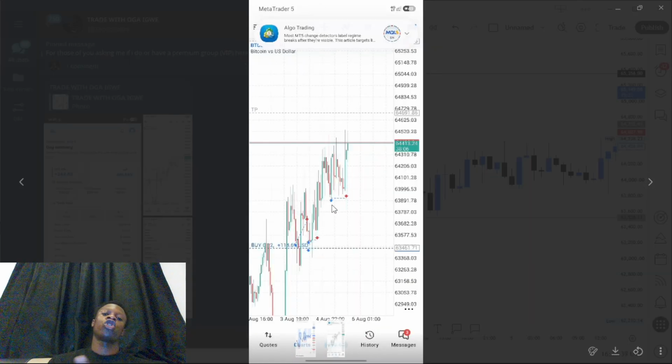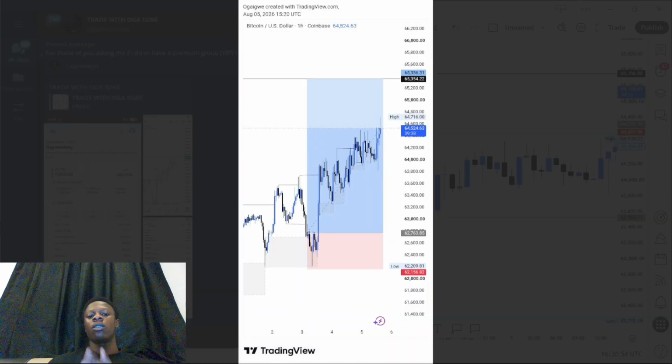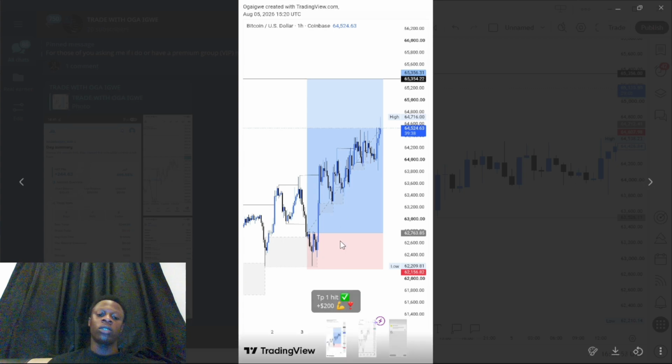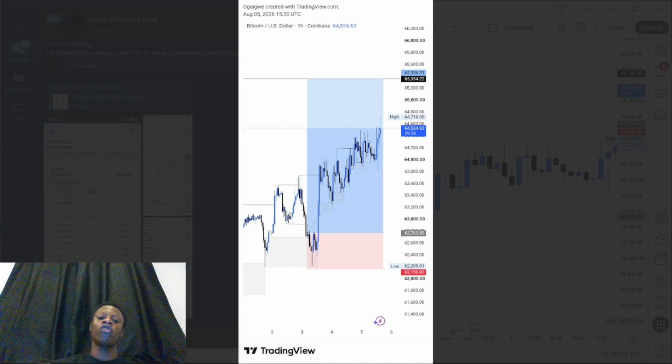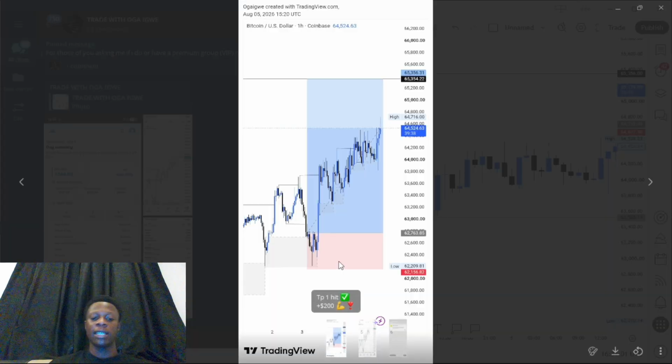And I got stopped out. You can see some of the trades stopped me out at break even. They came back to break even, and I got stopped at 2 a.m., which is this very one. I got stopped out at this, and I got stopped out at that very trade, which still went on. This was the VIP group, and I said take profit one hit, right?